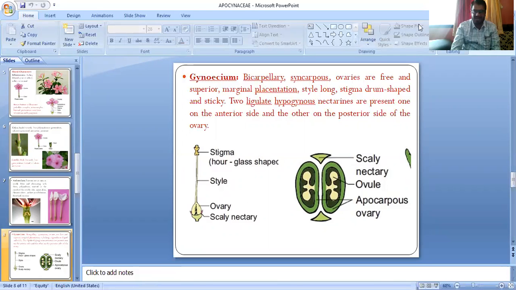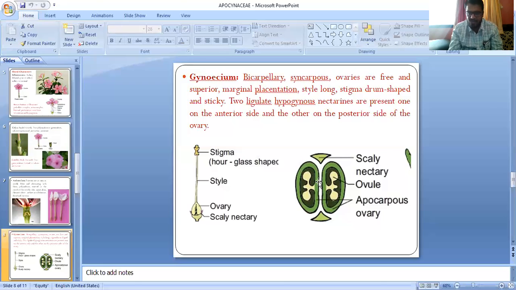Bicarpellary, ovaries are free. In the figure, the T.S. of ovary is visible. These two carpels are free from each other, they are not united to each other.